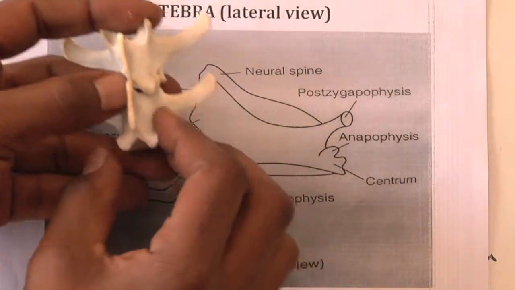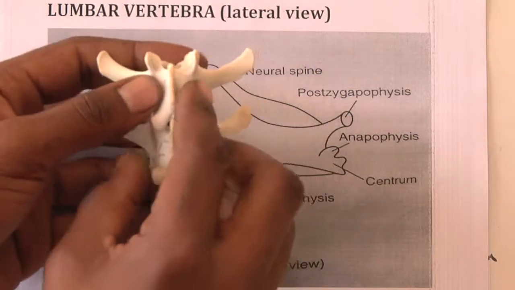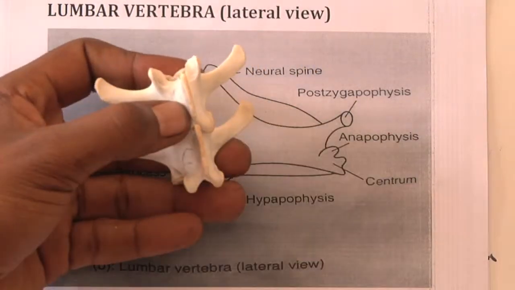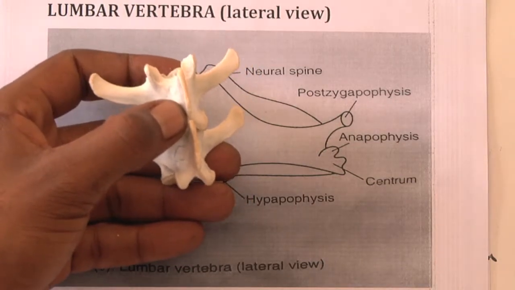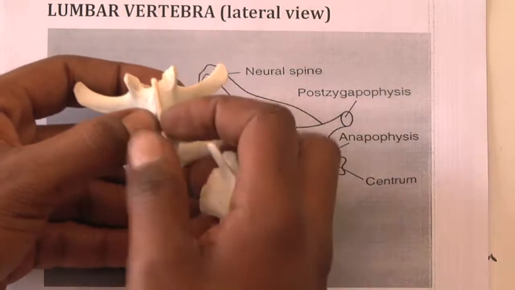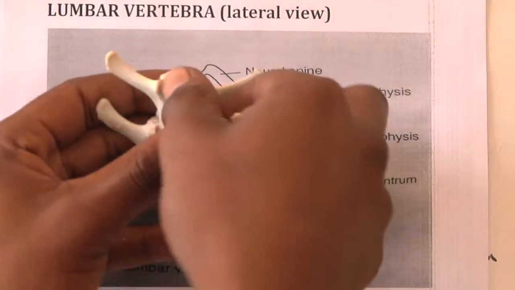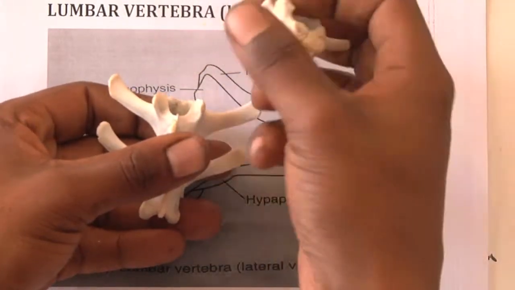Then you can be able to see the long transverse processes going like that. So the other lumbar vertebrae is going to articulate on top of these other bones. So as you can be able to see, these other lumbar vertebrae can actually articulate onto this one.